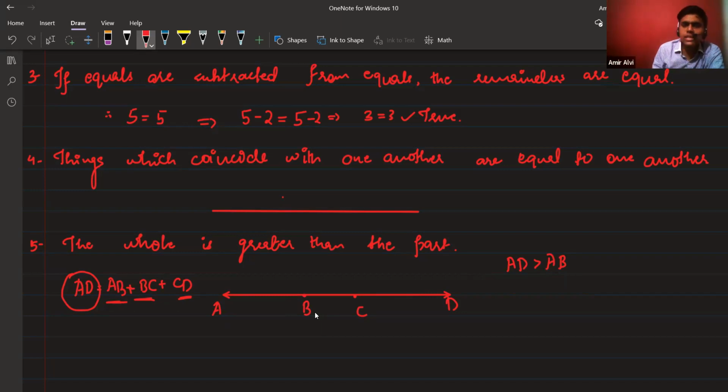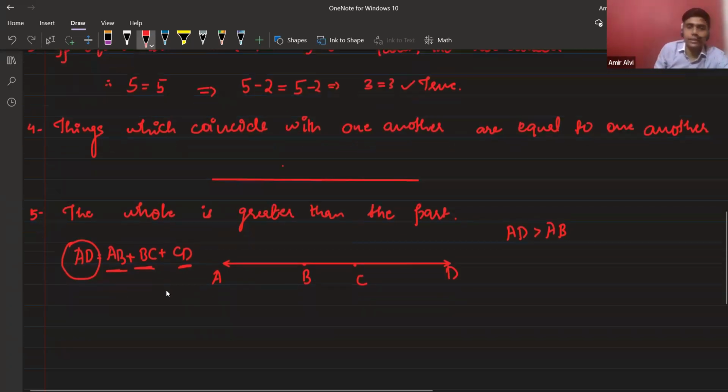Greater. Obviously greater. If I divide something into three parts and compare the complete thing with a single part, which one will be greater, the complete line or a single part? Complete. Obviously the complete one. Is this clear? Yes. Any doubt? No. It's the most simple one. Okay, so that's the thing there.